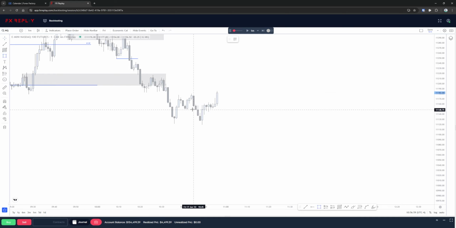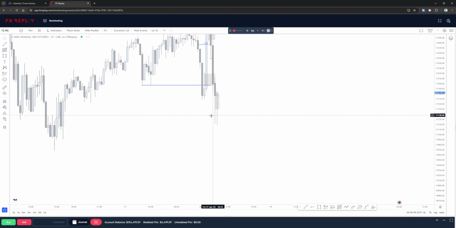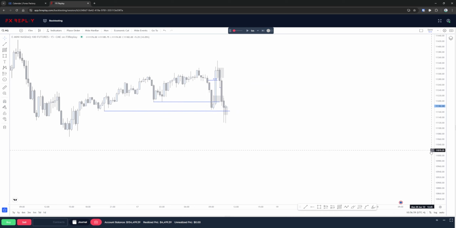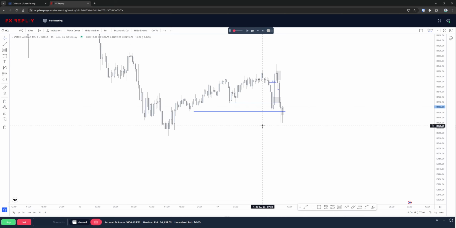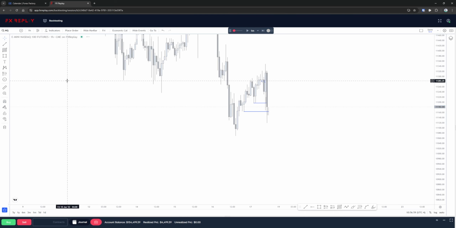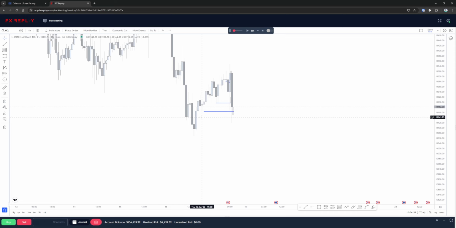Now, highest up close candle before the leg down that took liquidity here. 15 minute. Sweeps low, taps our 1 hour. You see how we're respecting this order block every time?